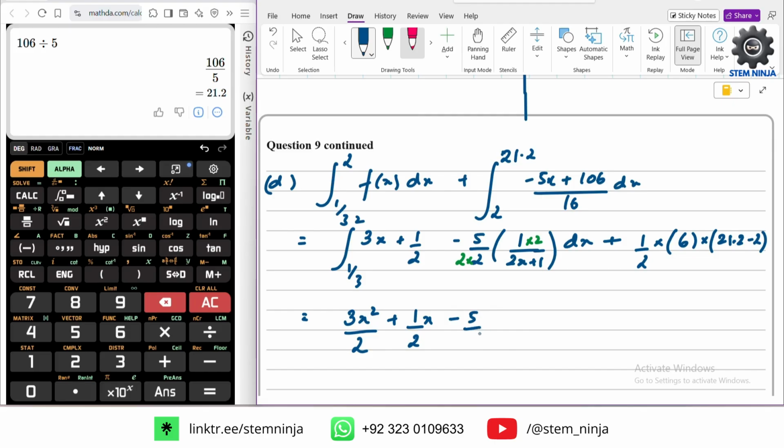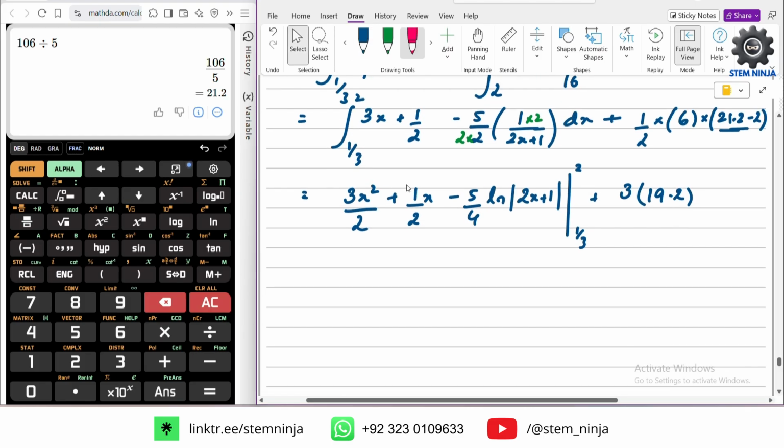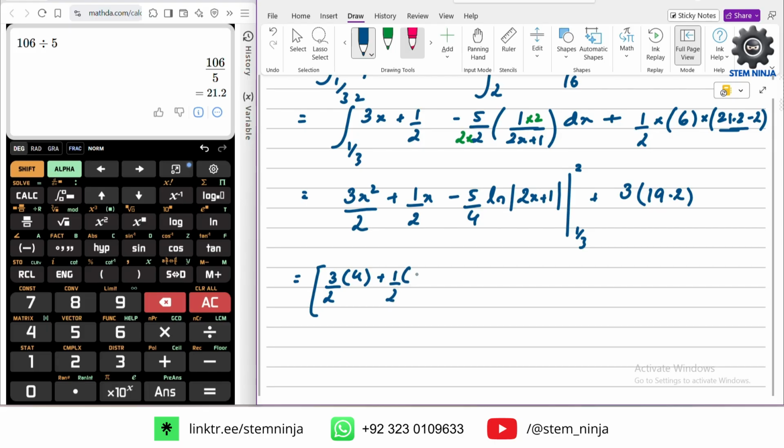So this becomes minus 5 over 4 ln 2x plus 1 from 1 over 3 to 2 plus 3 times 21 minus 2 is 19.2. Okay. 3 over 2 times 4 plus half of 1, half of 2 minus 5 over 4. 2x plus 1 is ln 5.